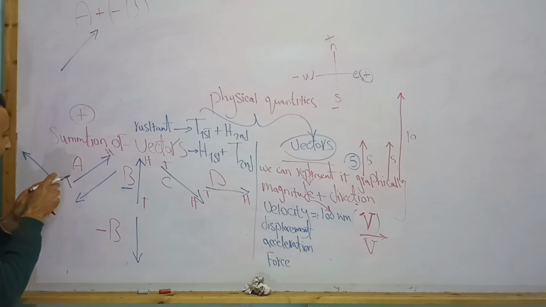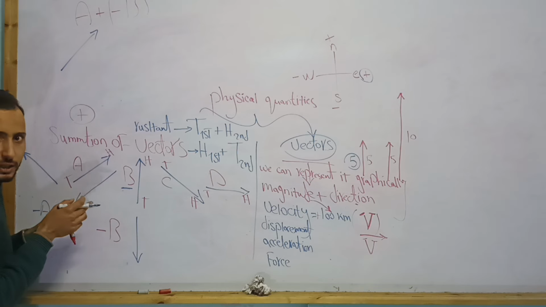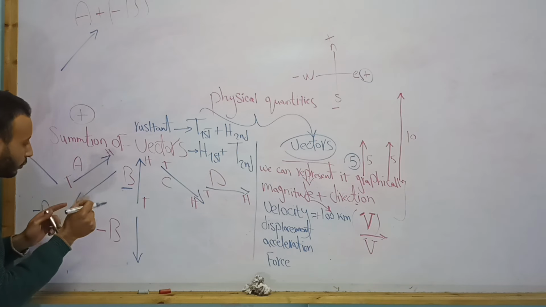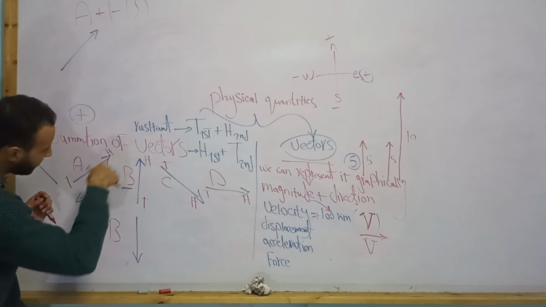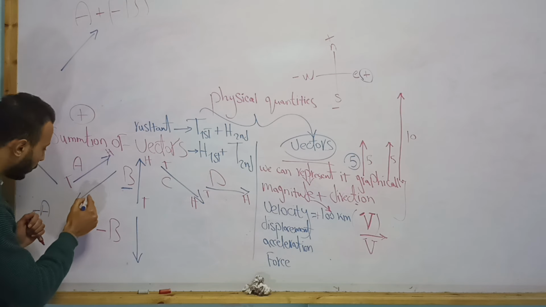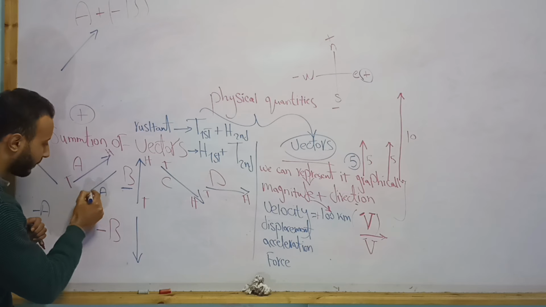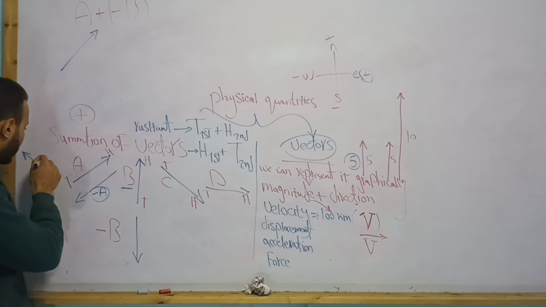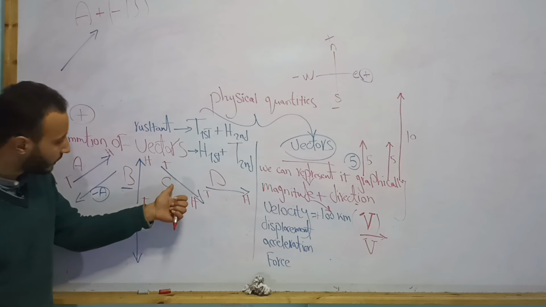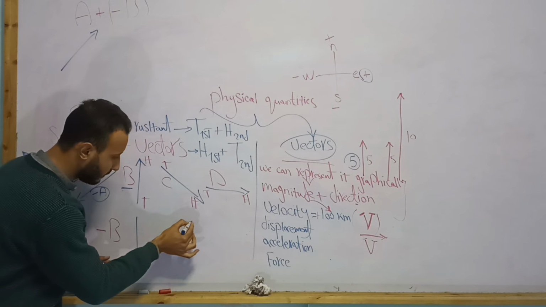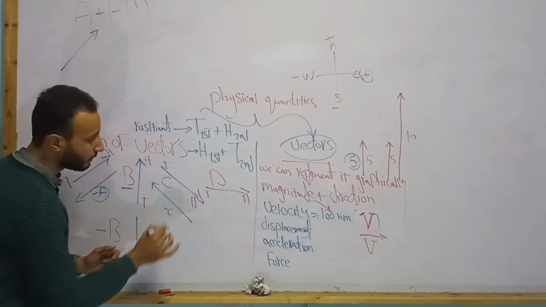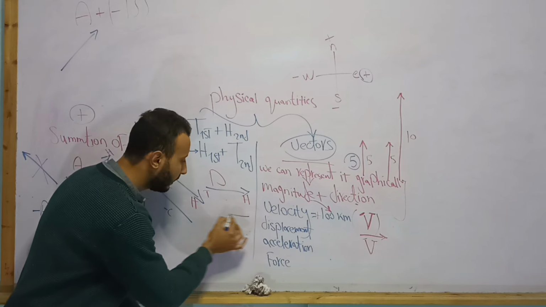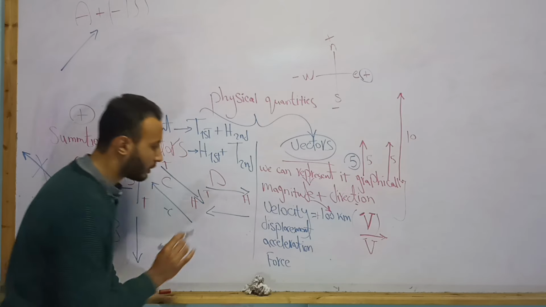Okay, no, that's another vector, that's not in the opposite direction. So to make it in the opposite direction, you have to make it parallel to each other but in the other direction. So this is called negative A. But this one is wrong. So let's get negative C, parallel but in the opposite direction. Negative C. Negative D, parallel but in the opposite direction.